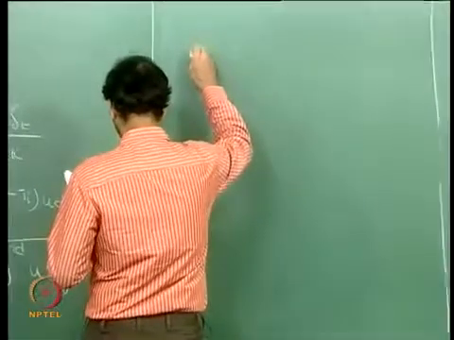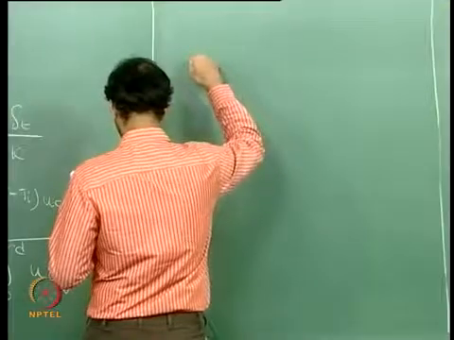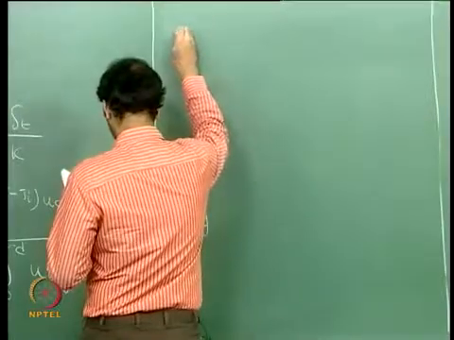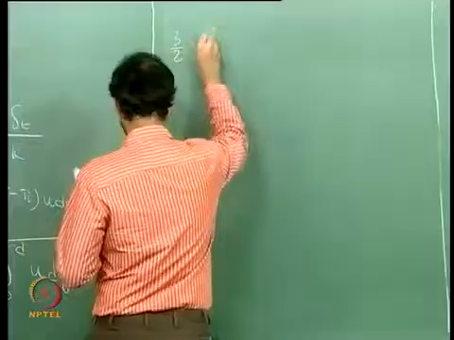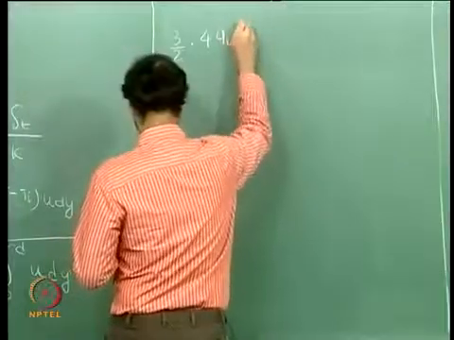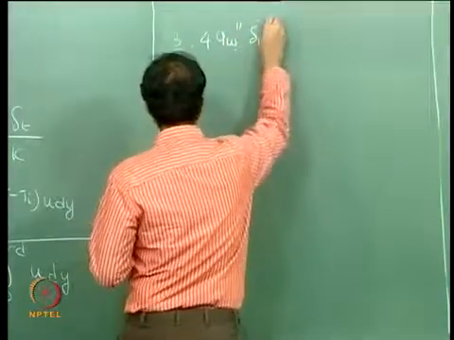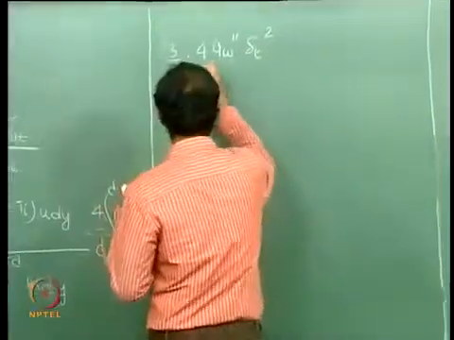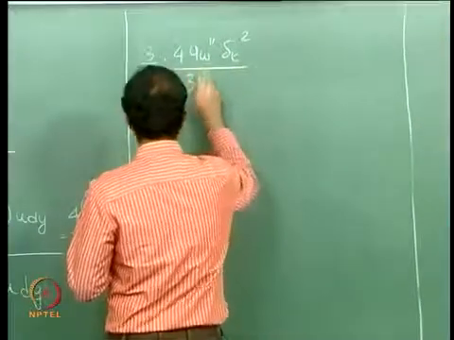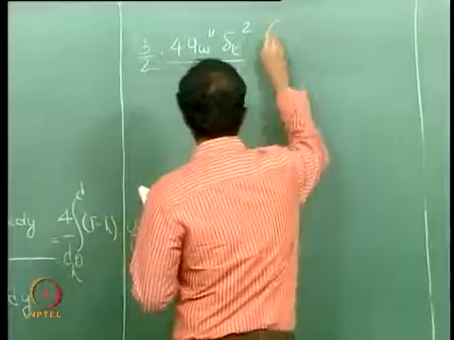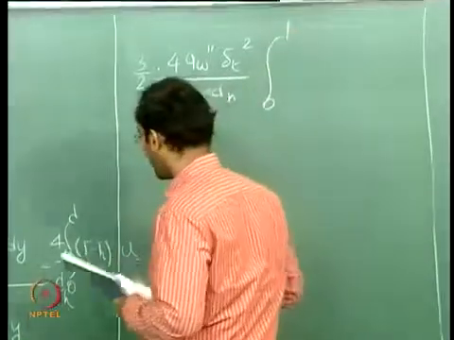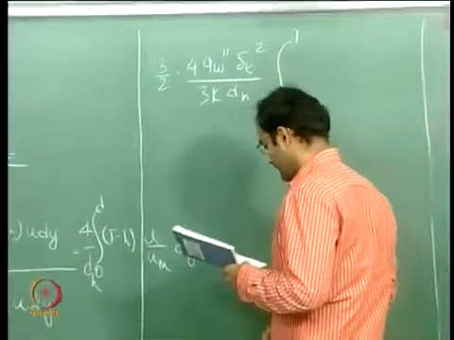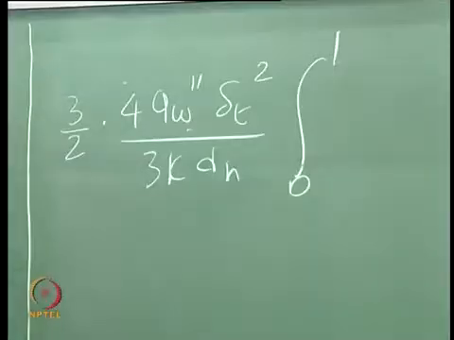So we will quickly do that. I am substituting my velocity profile as well as the temperature profile. So this becomes 3 by 2 into 4, 3k dh, and I am integrating over non-dimensional, so I am converting this into eta, which is y by delta t, in place of y.